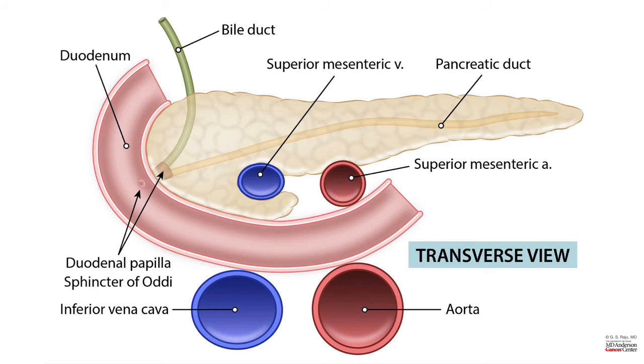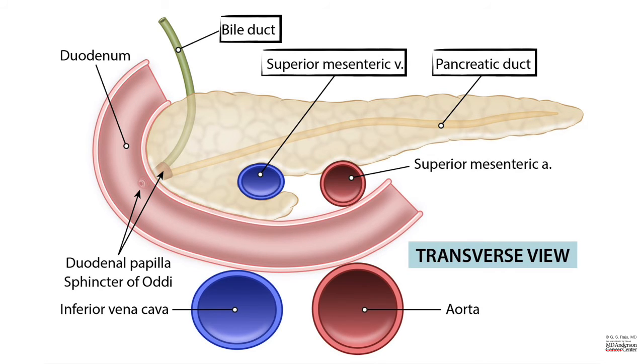This is how the CAT scan of a pancreas looks like. You can see the pancreas in this section. You can also notice the different structures. So you can see on the CAT scan, bile duct, pancreatic duct, superior mesenteric vein, superior mesenteric artery, and the duodenum, like this in the section.